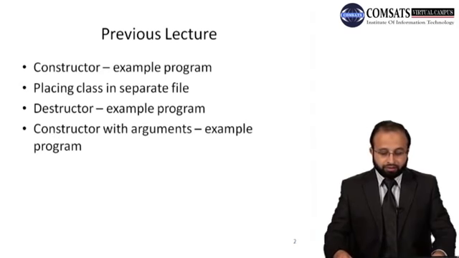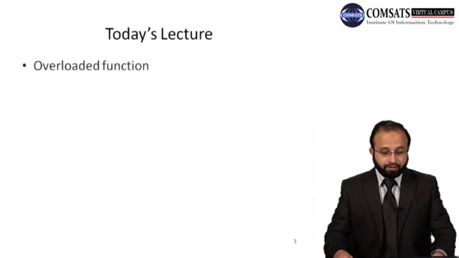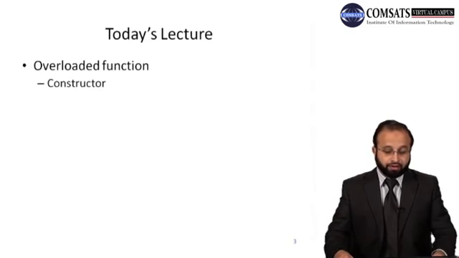And then we have seen constructor with argument, and I've shown you the example program. Today we will see what an overloaded function is, how we can write an overloaded function, and how we can write an overloaded constructor for a class.